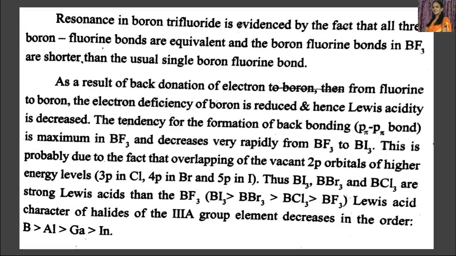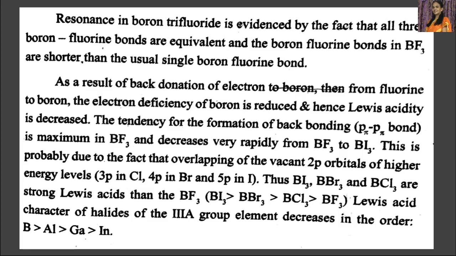So resonance in boron trifluoride is evidenced by the fact that all the three boron and fluorine bonds are equivalent, and the boron fluorine bonds in BF3 are shorter than usual single boron fluorine bond due to double bond character or back bonding. As a result of back donation of electrons from fluorine to boron, the electron deficiency of boron is reduced. Hence Lewis acidity is decreased.